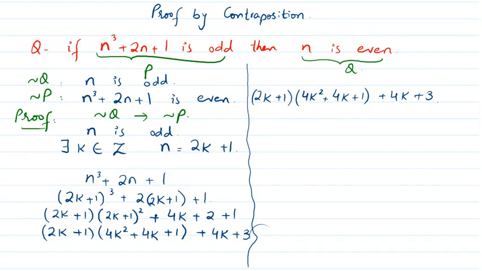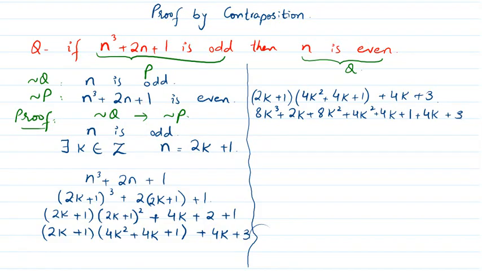So multiplying it term by term, I'm going to get 8k cube plus 2k plus 8k square plus 4k square plus 4k plus 1 again plus 4k plus 3, right?